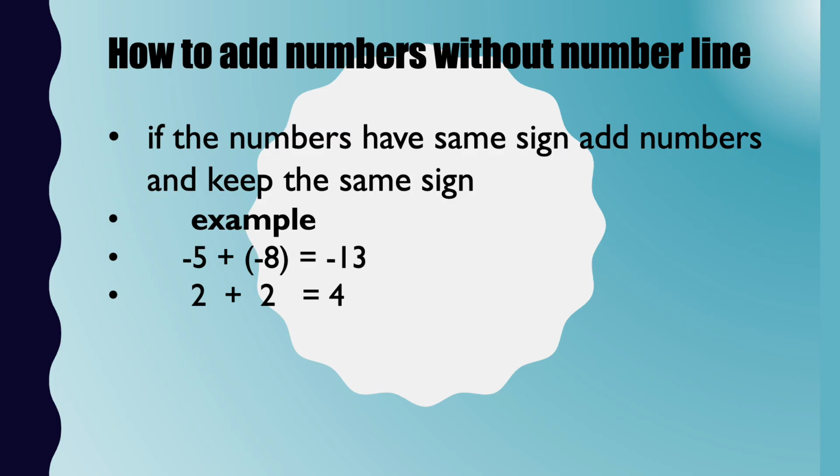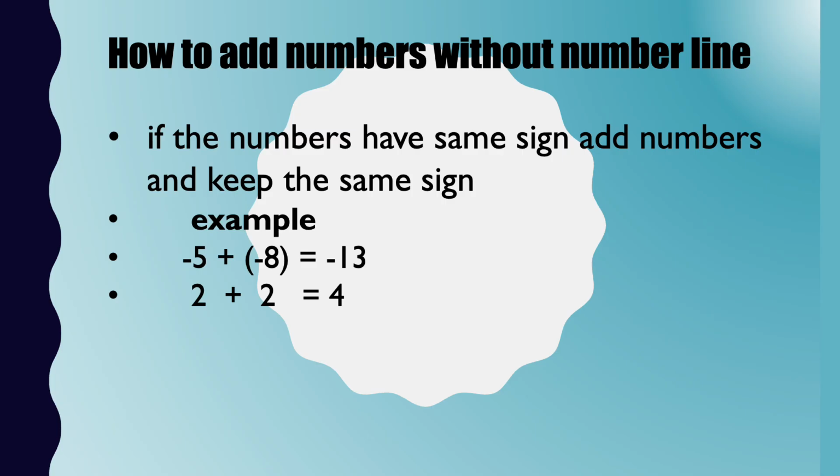So it simply says, if the numbers have the same sign, just add them and keep the same sign. For example, look at that. This is number 5. This is number 8. What is the sign? It is minus, minus. So remember, the numbers have the same sign, so add the numbers and keep the same sign.